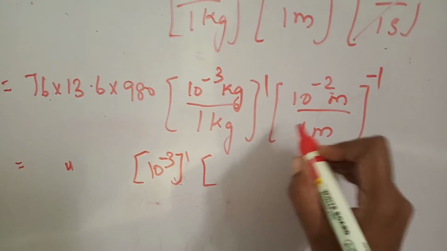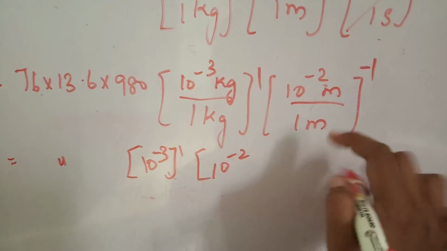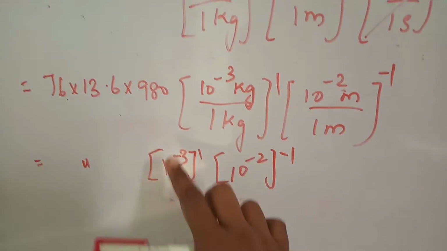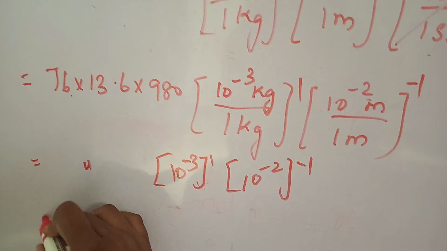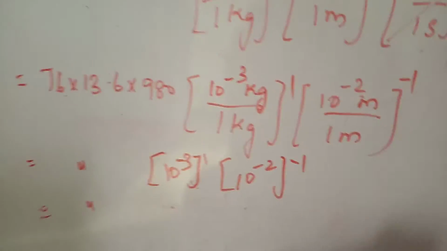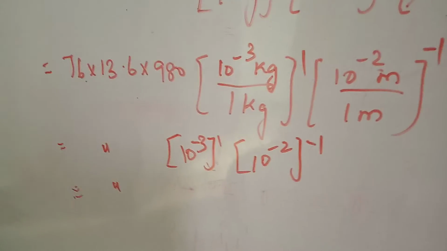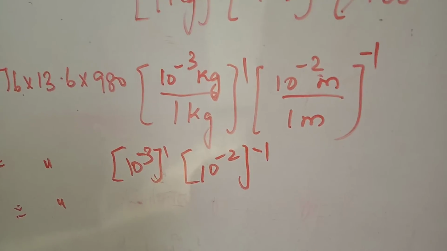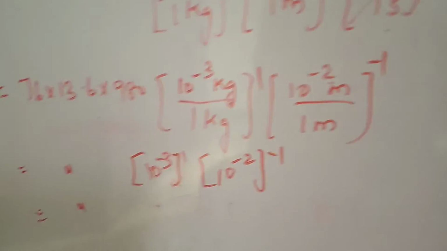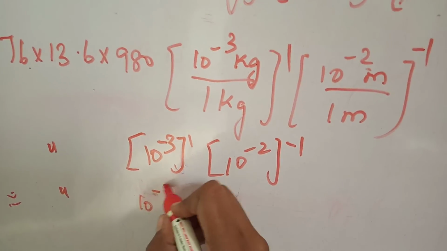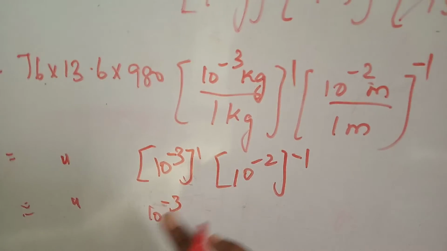And this one is 10 to the power minus 2 by 1, which is 10 to the power minus 2, whole power minus 1. When you multiply this number as it is, or multiply the value and find the value, it is 10 to the power minus 3 into 1, which is simply 10 to the power minus 3.